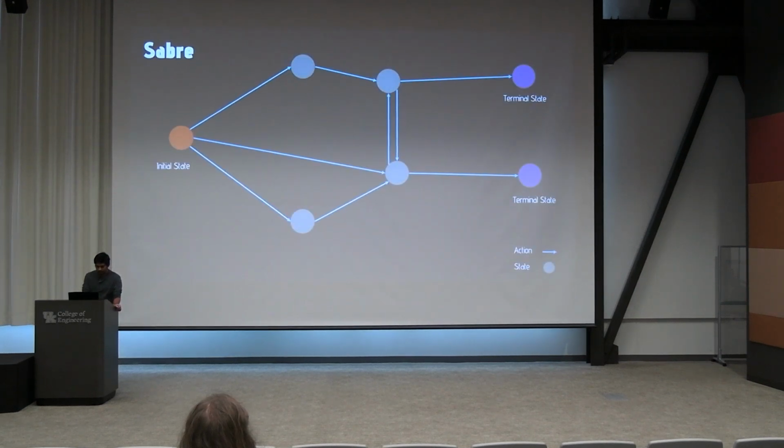As I told you earlier, Sabre is a forward state space planning algorithm. The search for a solution begins in an initial state and follows edges forward until it reaches an acceptable terminal state where the author goal is achieved.